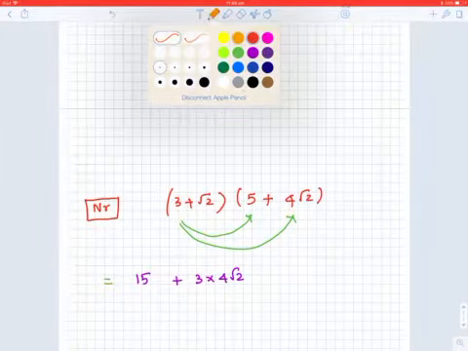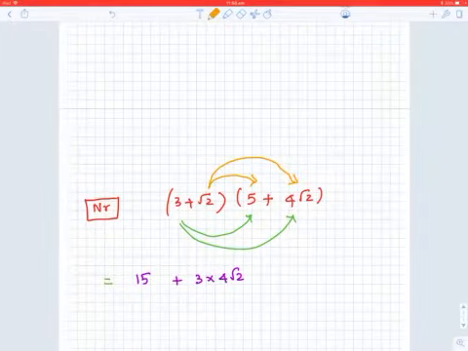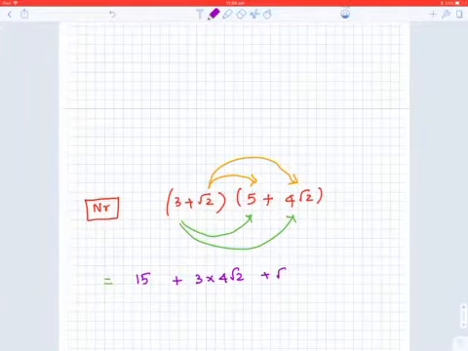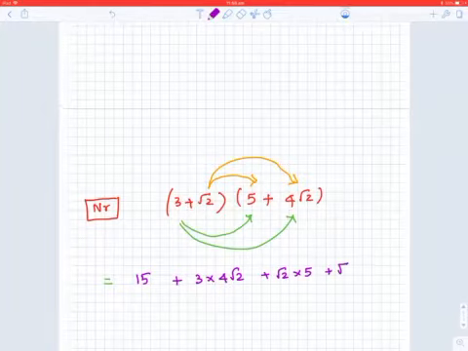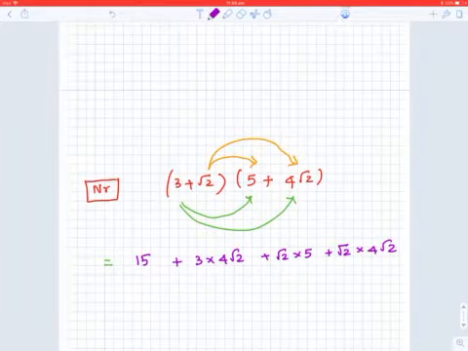Then I have to do the second term by this, and second term by the fourth term. So that means root 2 times 5 plus root 2 times 4 root 2.